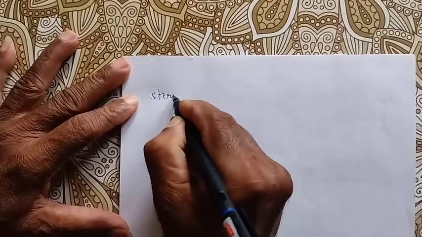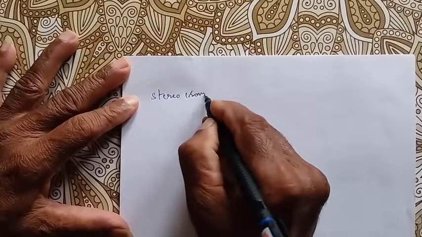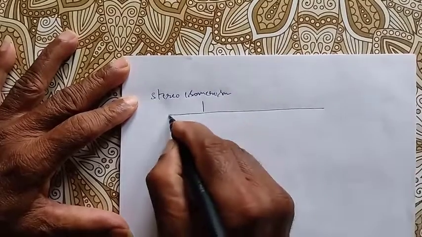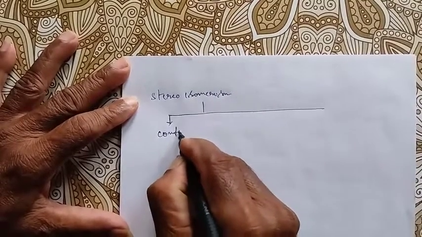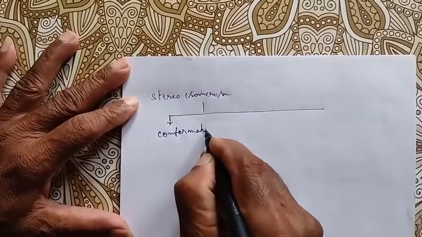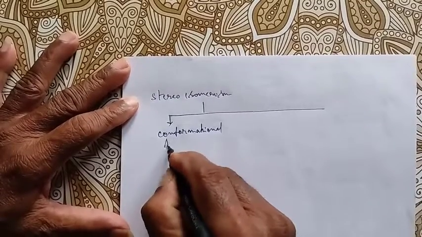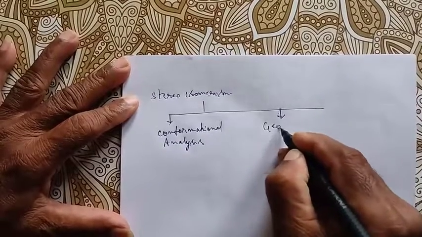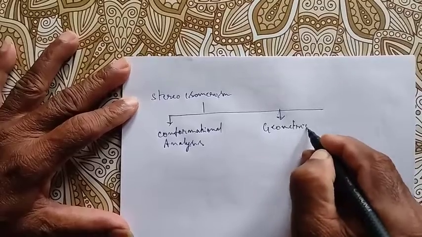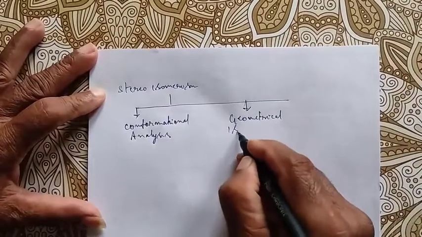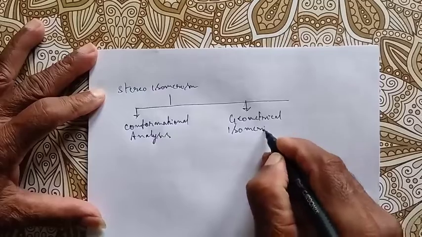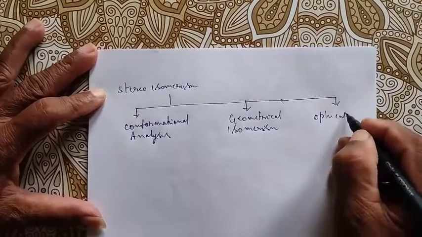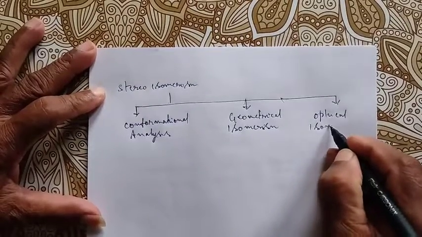Stereoisomerism. Stereoisomerism is of three types. One is conformational analysis, the second is geometrical isomerism, and the third one is optical isomerism.